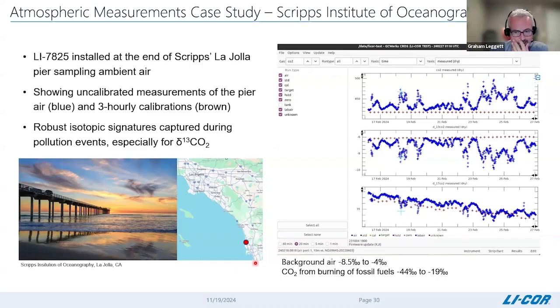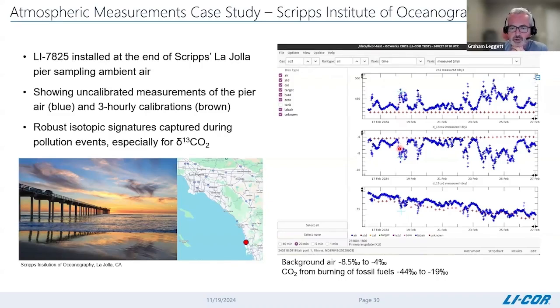On the right-hand side you see a number of plots. The top plot shows these brown crosses, which are calibration tank measurements, so consistent measurements over that 2-week period. The blue plot is CO₂ concentration, and we might assume these are pollution events because they're much higher than background.